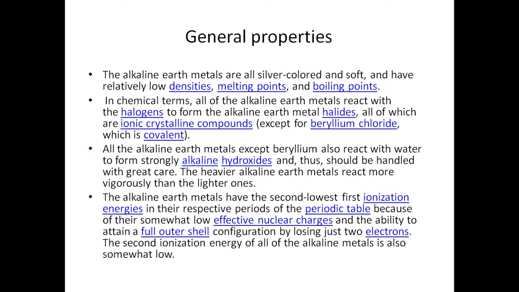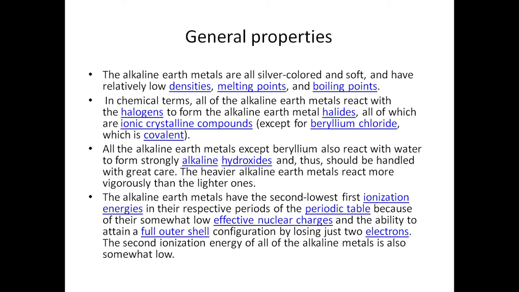Now we see the trend in the general physical and chemical properties, based on these electronic configurations. The alkaline earth metals are all silver colored and soft and have relatively low densities, melting points and boiling points. In chemical terms, all of the alkaline earth metals react with the halogens to form the alkaline earth metal halides, all of which are ionic crystalline compounds.